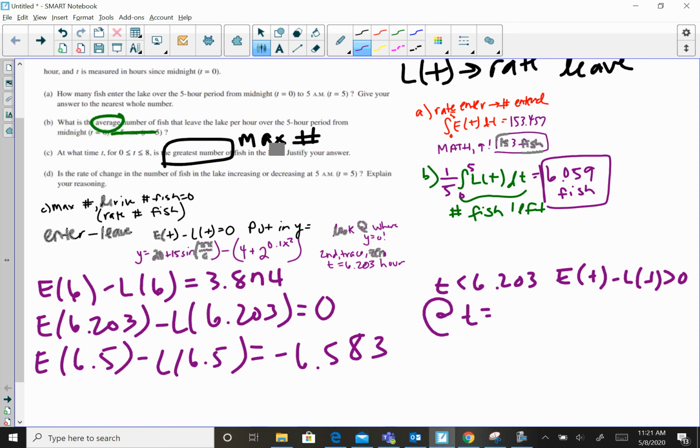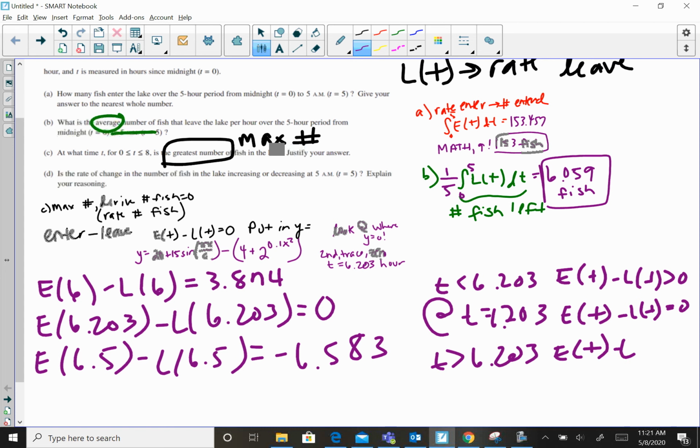At time equals 6.203, E of t minus L of t equals 0. And at t greater than 6.203, E of t minus L of t is less than 0.